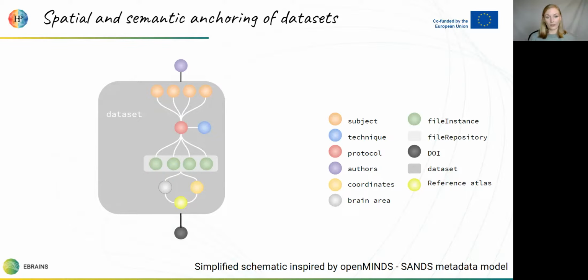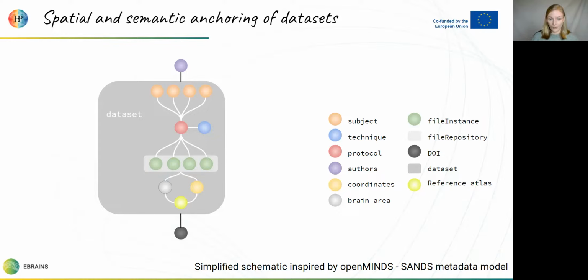This type of anchoring is particularly useful for a dataset with files that originate from a particular location within a brain area. So for example, electrode implantations or in vivo single-cell recordings.